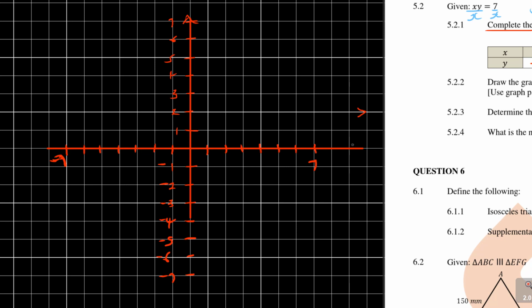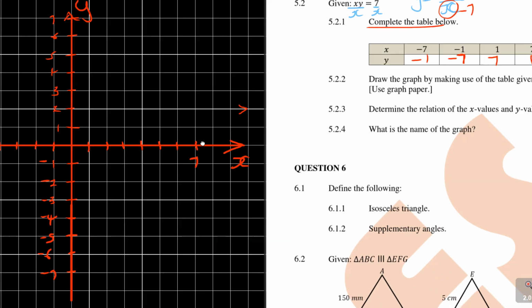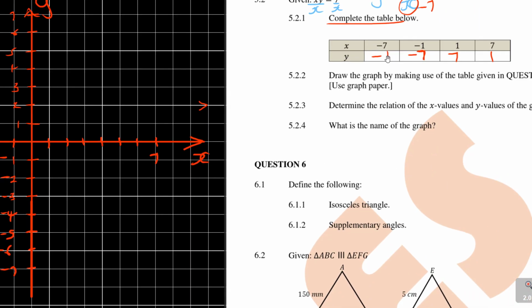That's also negative. So please don't forget, use the arrow to say x-axis, use the arrow to say y-axis, so that you get your marks. Now there is something to note when you're plotting. Let me just increase my line here. Then let's go to the points. They are saying x is -7, y is -1.